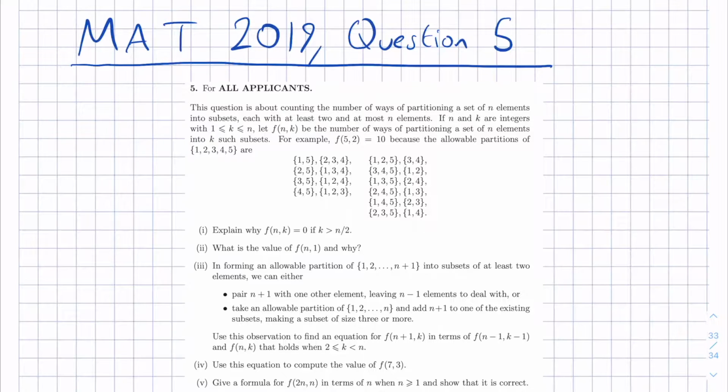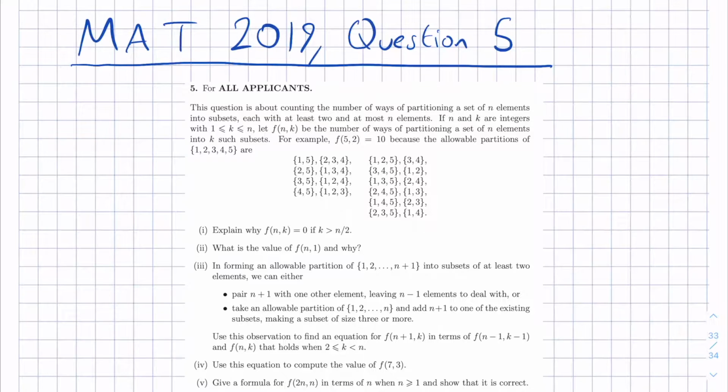For example, f of 5,2 is equal to 10, because the allowable partitions of 1, 2, 3, 4, 5 are the following 10 allowable partitions that they give. In particular, note that each subset must have at least 2 elements.